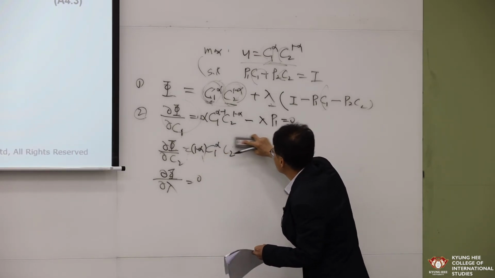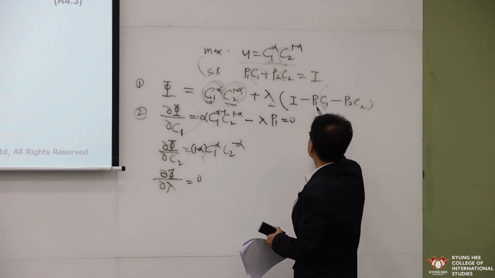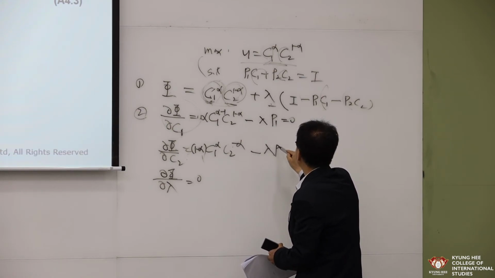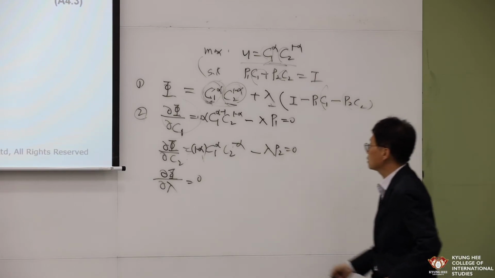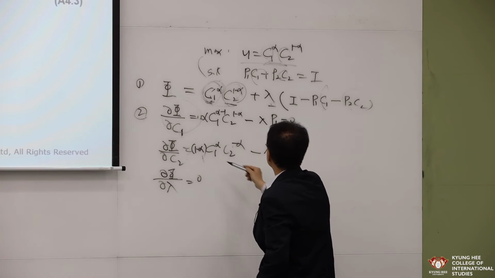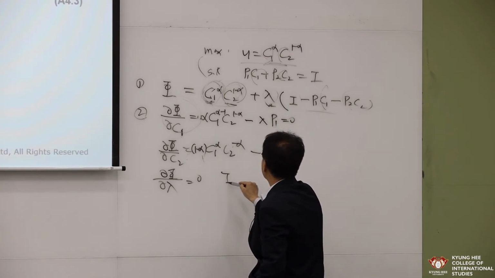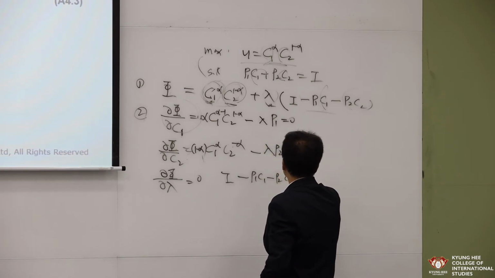This one is equal to minus alpha. Also, this one is minus lambda P2 is equal to 0. And for the third condition, the constant disappeared and only this one is left. This is a variable. So I minus P1 C1 minus P2 C2 is equal to 0.